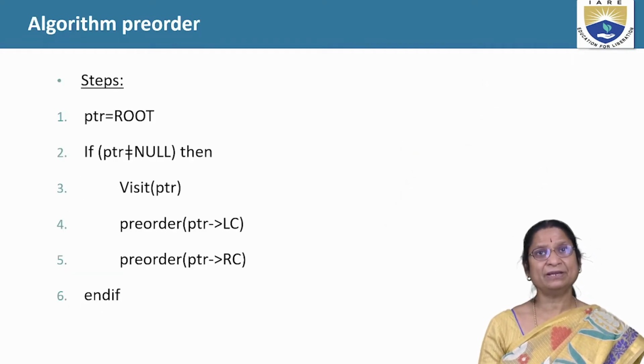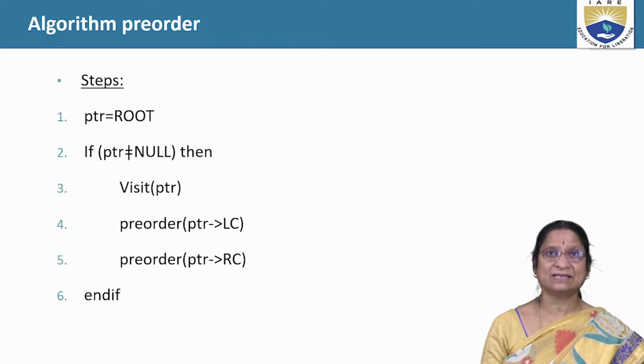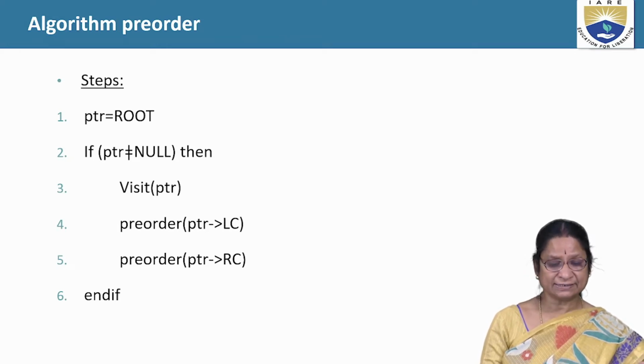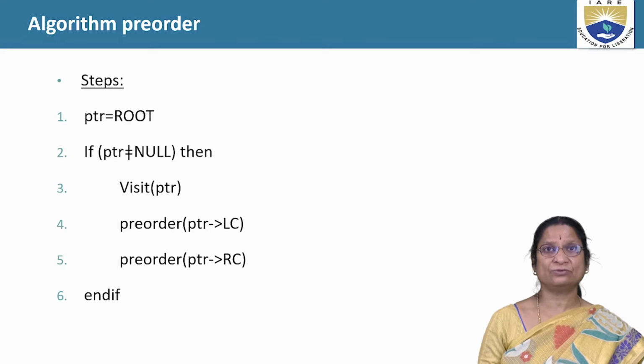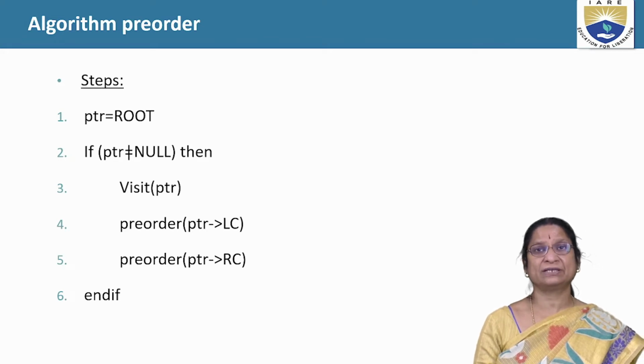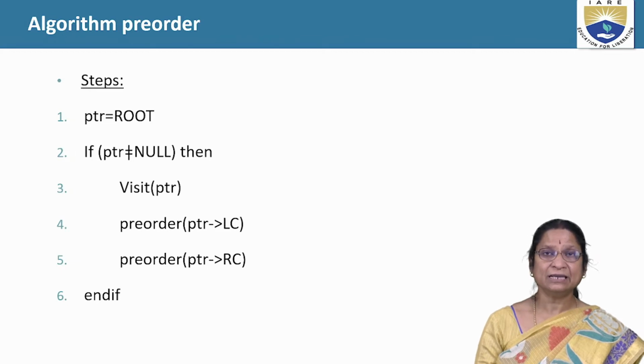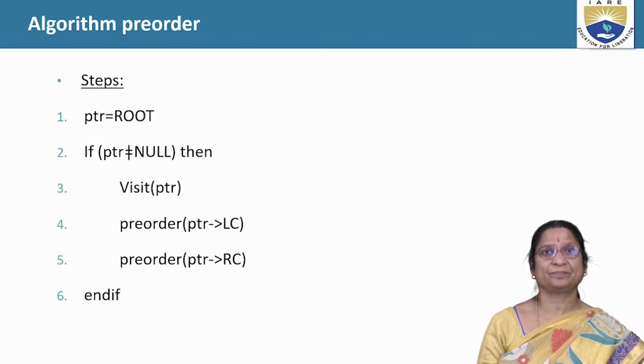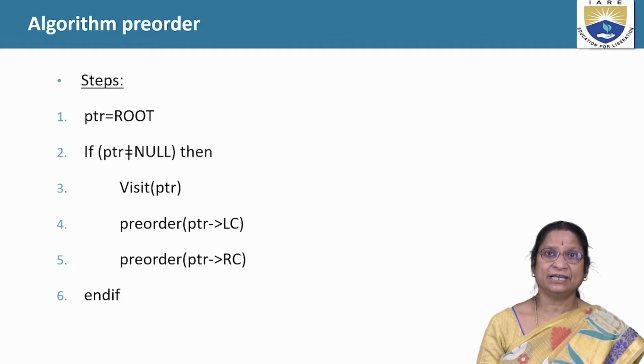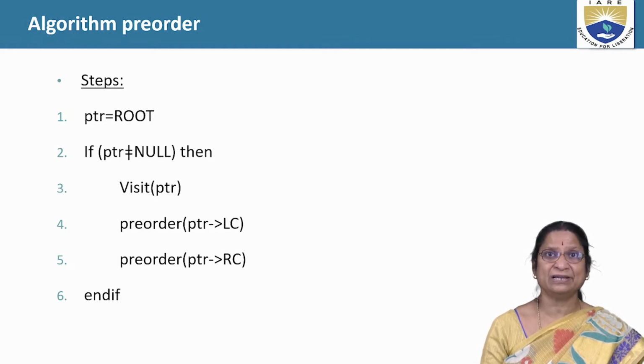This can be implemented by using recursive as well as non-recursive approaches. Recursive is easy to write. All of us know that writing a recursive algorithm is a little bit easy if you are aware of what the base condition is and what the recursive part is. But internally the implementation takes more complex operations, as a stack has to be maintained.